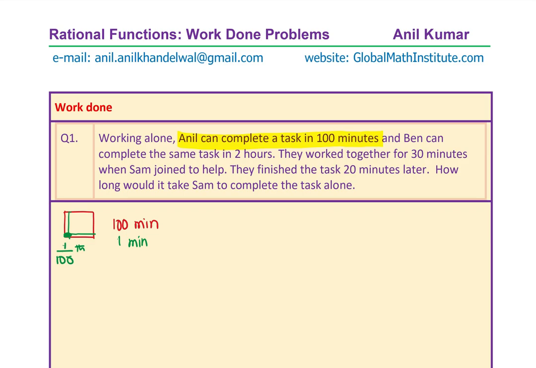So if 1/100th of the work is done in 1 minute, in that case, how much of the work will be done in t minutes? Then in t minutes, it will be t over 100, t times 1/100. You get the idea. So this is the basic concept to solve all these questions.